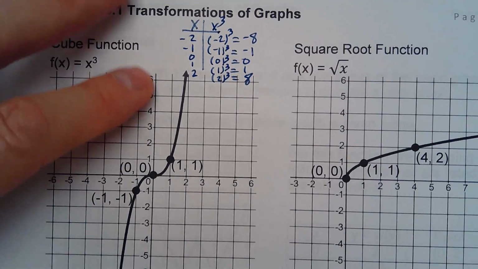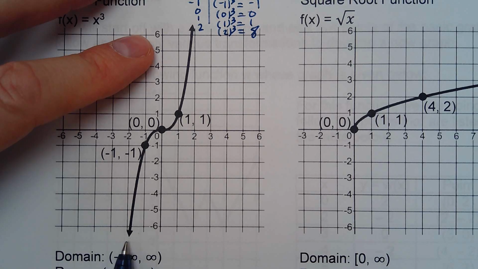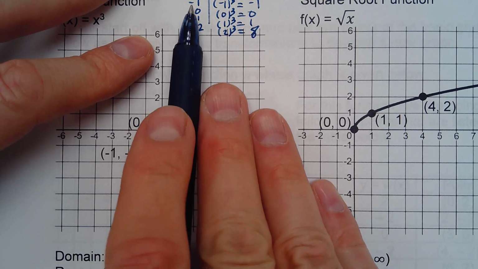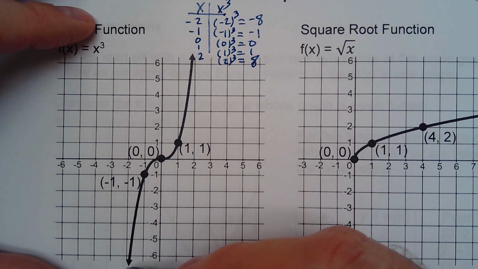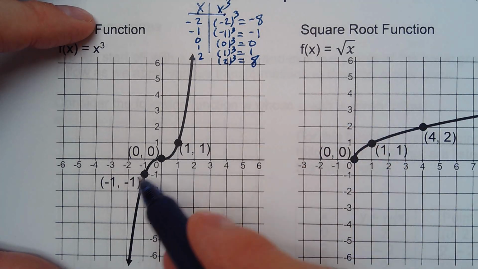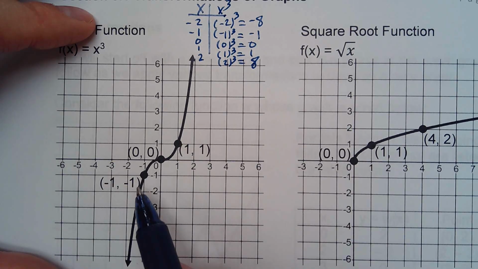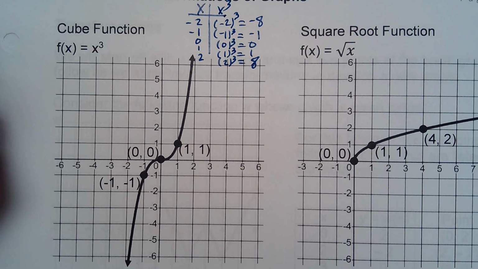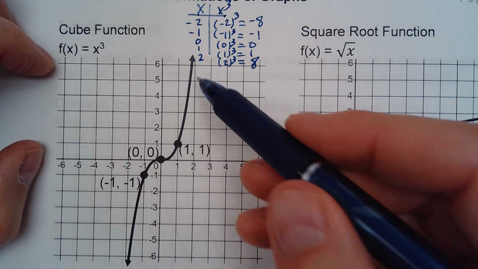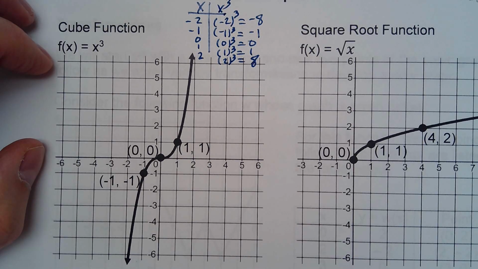So you can see that (-2, -8) is somewhere down here, and that (2, 8) is somewhere up here. They're off the graph. And you get this kind of twisting little graph here for our cube function. And again, I'm just marking some points. You want to know that these points are on this graph, and you want to know what the shape looks like for the cube function.